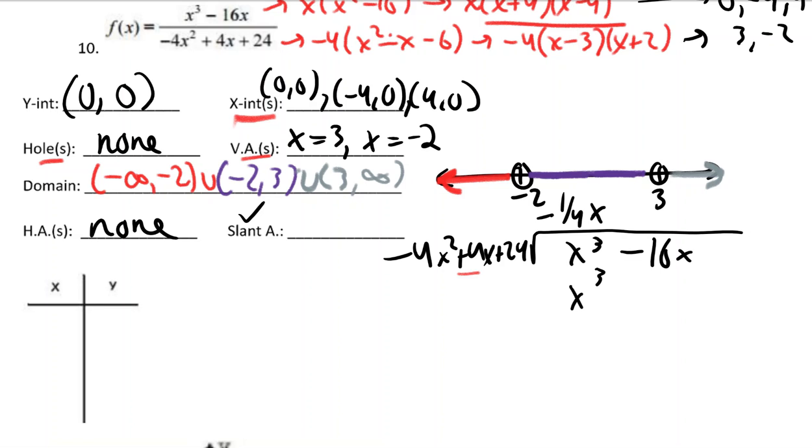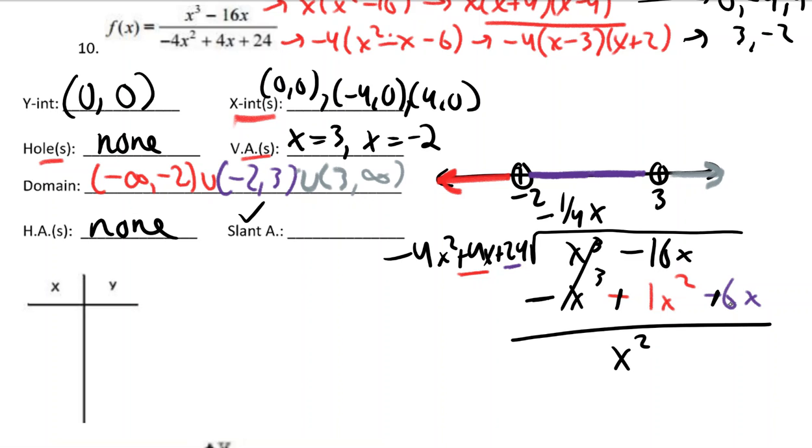So then I also multiply it by this to get -1x squared, and then multiply it by this to get -6x. Change the signs and add. These are not like terms, so don't force these together. There's 1x squared.